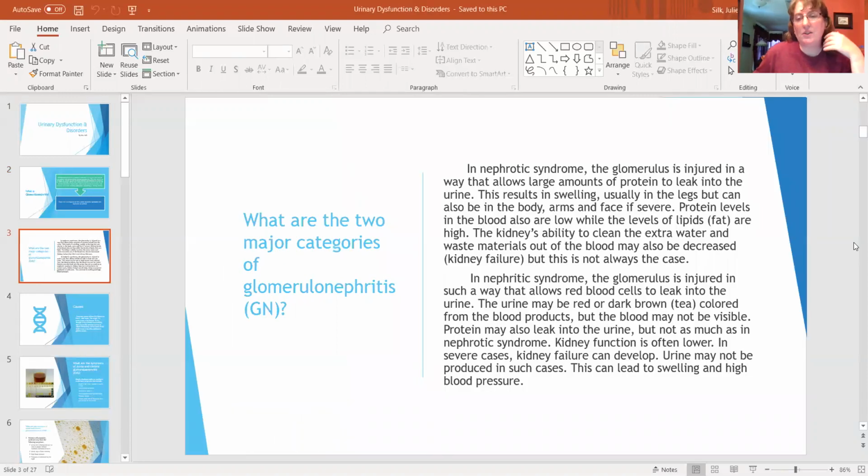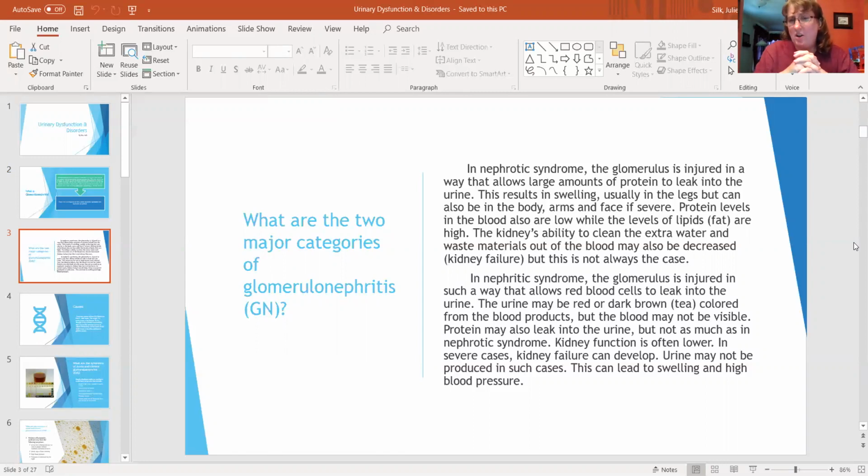So with nephrotic syndrome, again, the glomerulus is injured, so it allows really large amounts of protein to leak into the urine. So you're getting rid of a ton of protein. The protein that we're talking about is albumin, so you're very low in albumin. This results in swelling, usually in the legs.